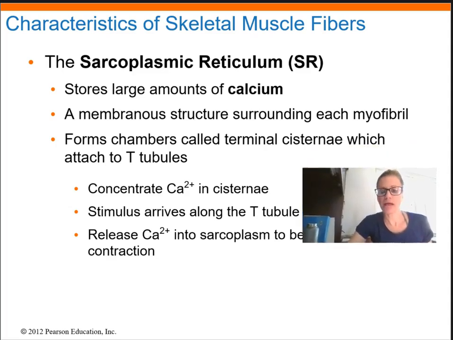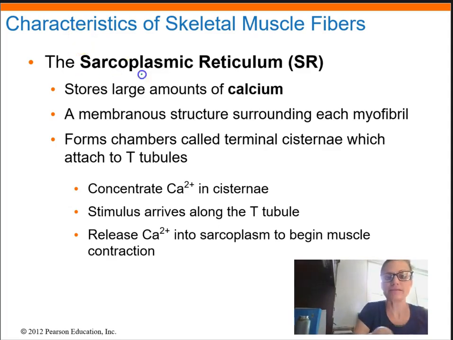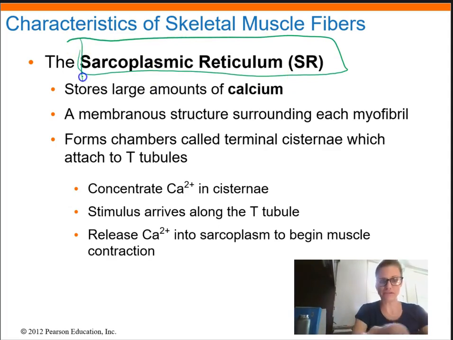The sarcoplasmic reticulum, this is actually a really specialized form of the smooth ER, the smooth endoplasmic reticulum. Remember we said that in muscle, it stores really large amounts of calcium, right? So we refer to it as the sarcoplasmic reticulum in muscle fiber.